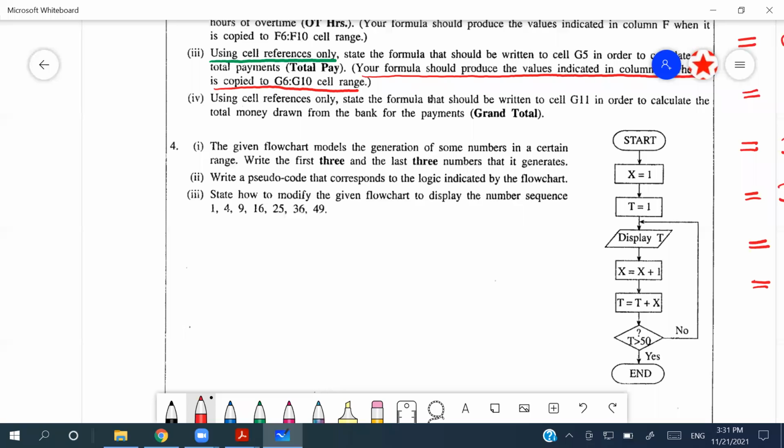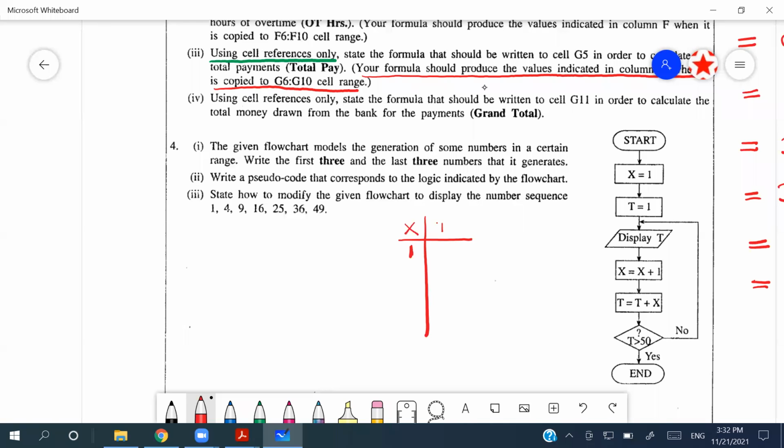Right, so it is starting. I'm going to do the hand trace right over here at the left. So it is starting, x equals 1. I'm drawing my hand trace table over here, x equals 1.